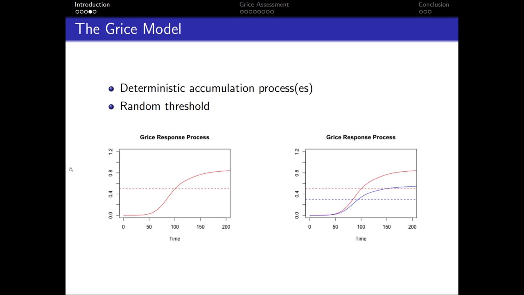In this case, the threshold for the blue process crosses the deterministic accumulator slightly before the threshold for the red process crosses its accumulator. Hence, the blue choice would be the one executed, and an execution of the blue choice is what's represented in this graph. And the response time would be slightly faster than 100 milliseconds, perhaps about 90 milliseconds.